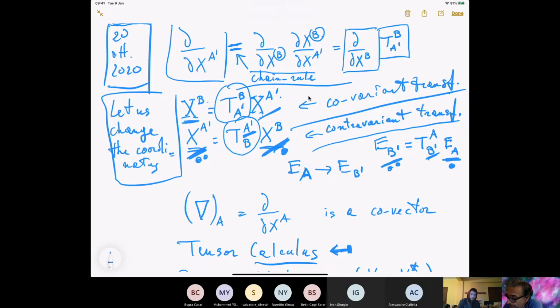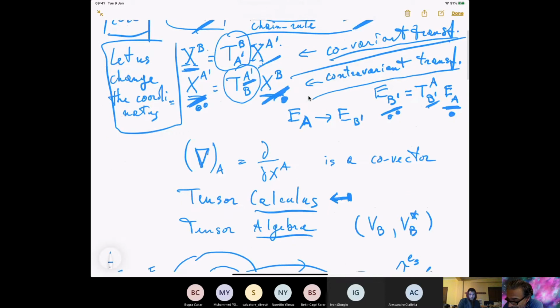So we discovered that passing from the old partial derivatives to the new partial derivatives, you need the covariant transformation. So nabla is a covector because it is transforming like a covector.